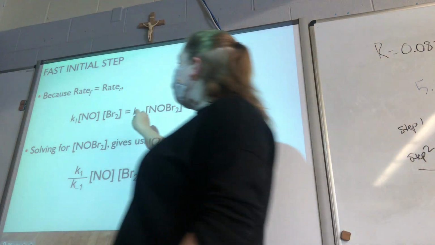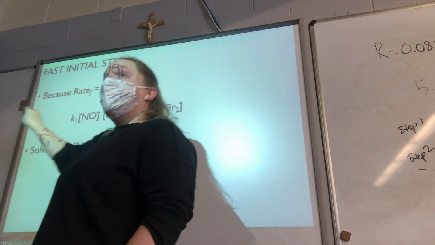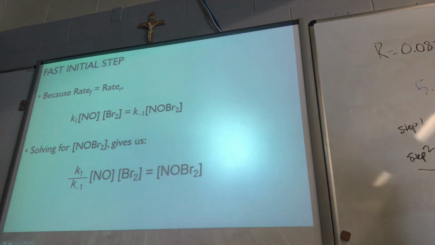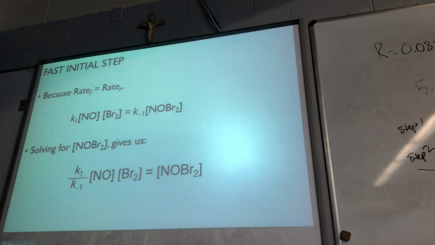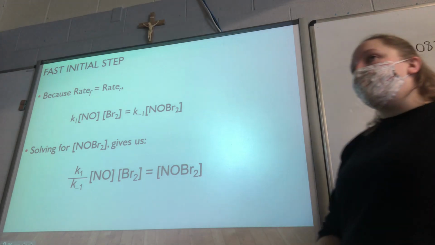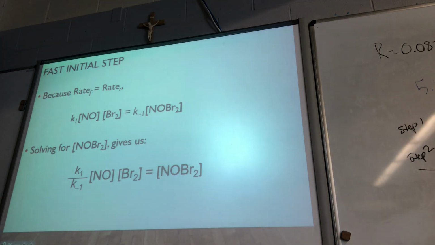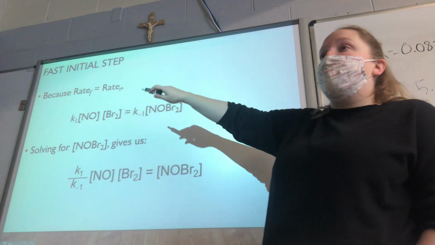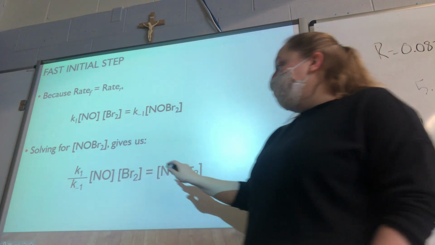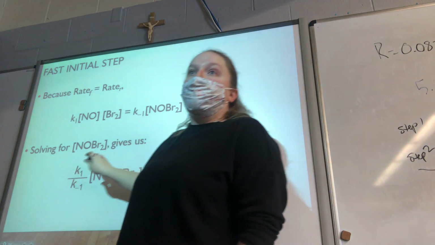These are all individual variables. In this, we solve for the intermediate. Why do we solve for the intermediate? Because we can't have it in our rate law. Remember, this is our proposed overall rate law for the whole reaction, right? We cannot have that intermediate. If we solve using this information for that intermediate, what do you think we're going to do with this?